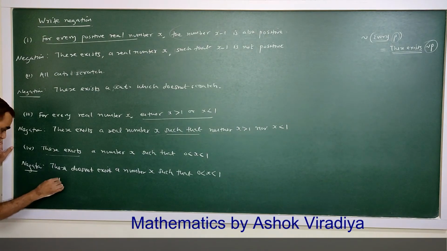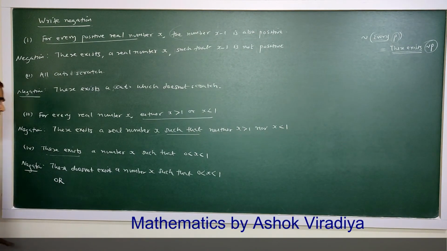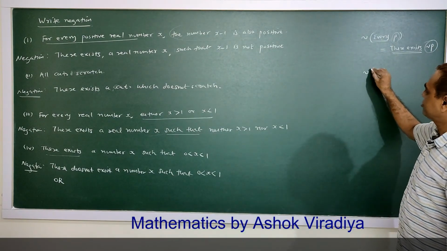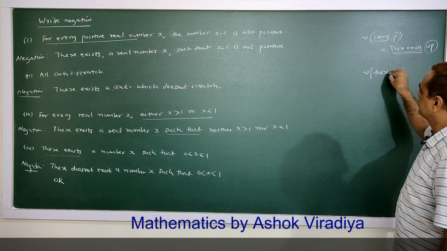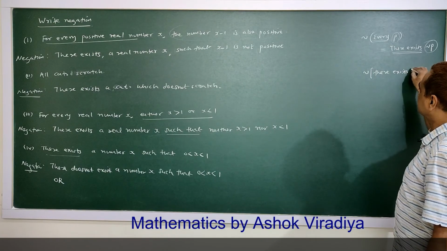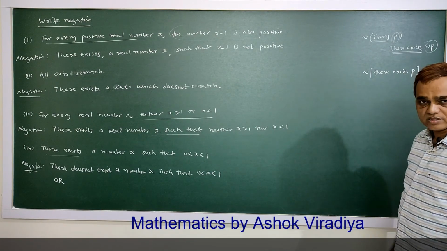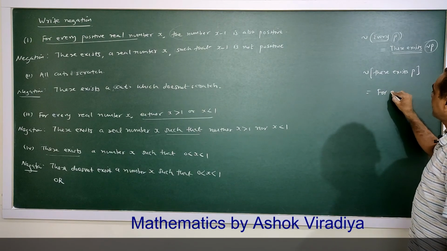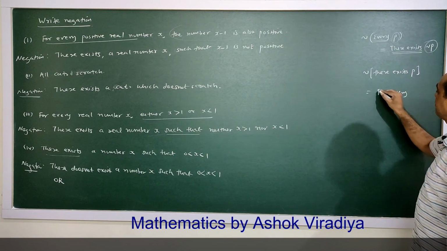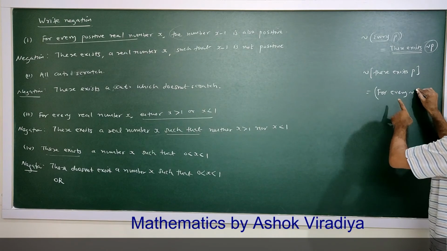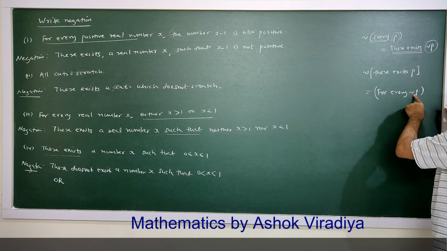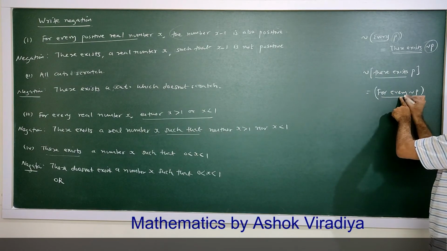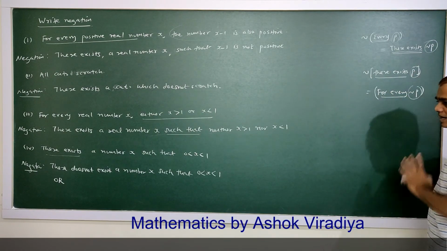Or we can also put its negation by this property: the negation of there exists p is equal to for every, begin from for every, then put the negation of the inner property. The negation of there exists is for every, then put a negation of the inner part.